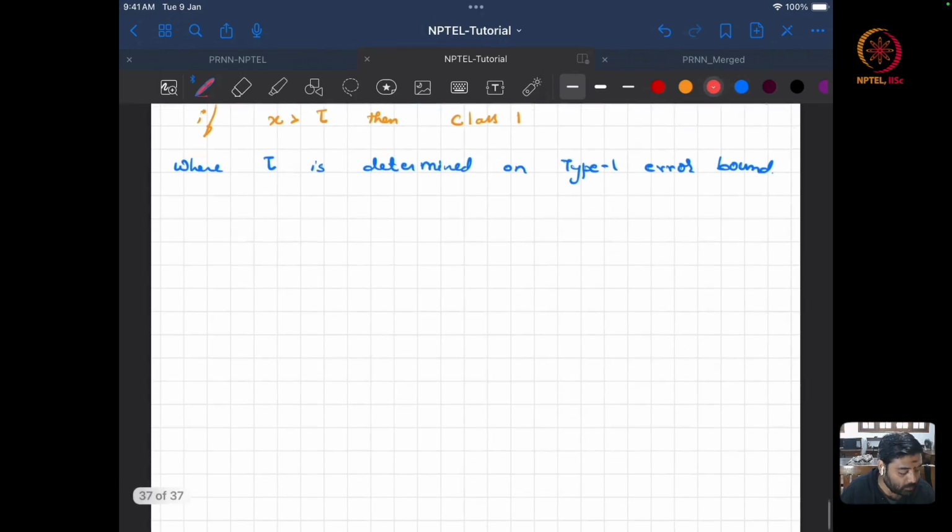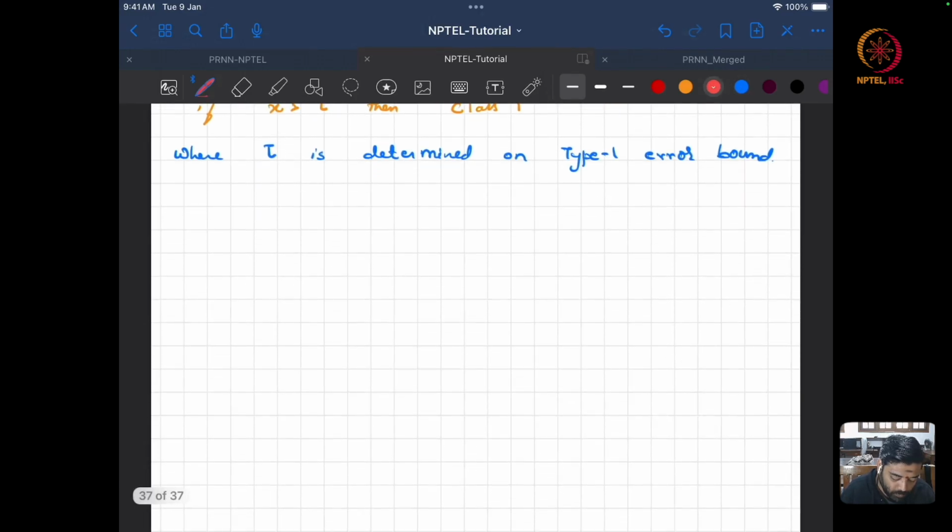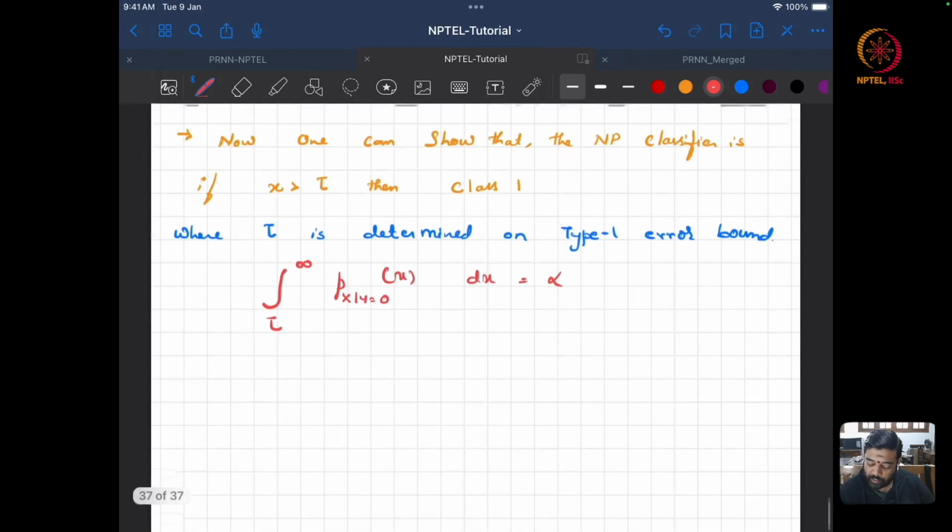What do you mean by that? It means that the integral from tau to infinity of the class 0 density p(x|0) dx equals alpha. We have seen this diagrammatically also.